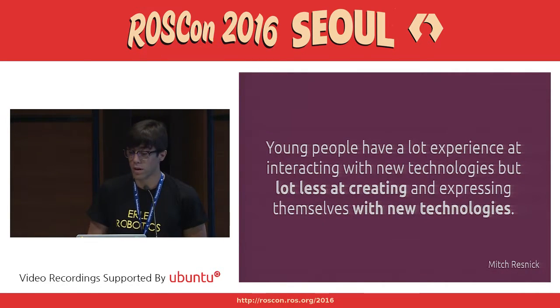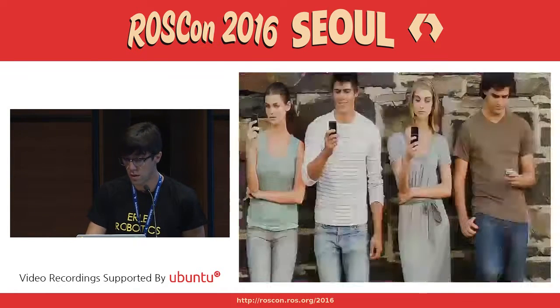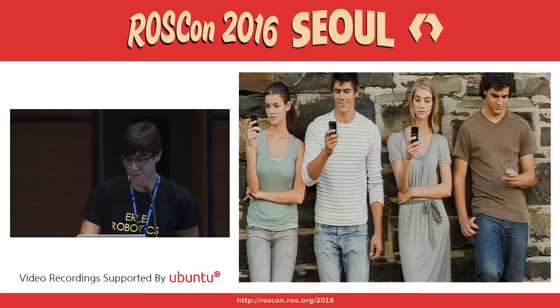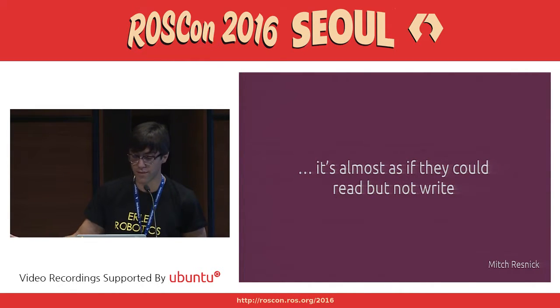Young people have a lot of experience interacting with new technologies, but a lot less at creating and expressing themselves with them. As we can see in this picture, people normally text and use technologies. It's almost as if they could read, but not write. In robotics, that really means that they need to be able to write their own computer programs or code.